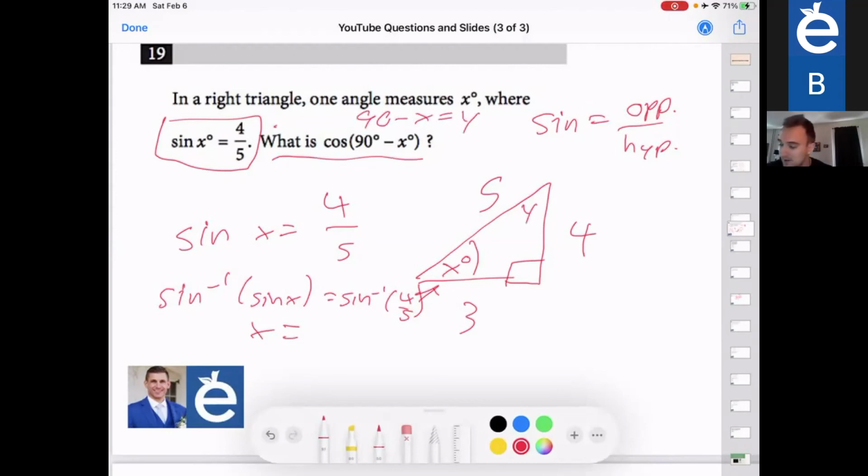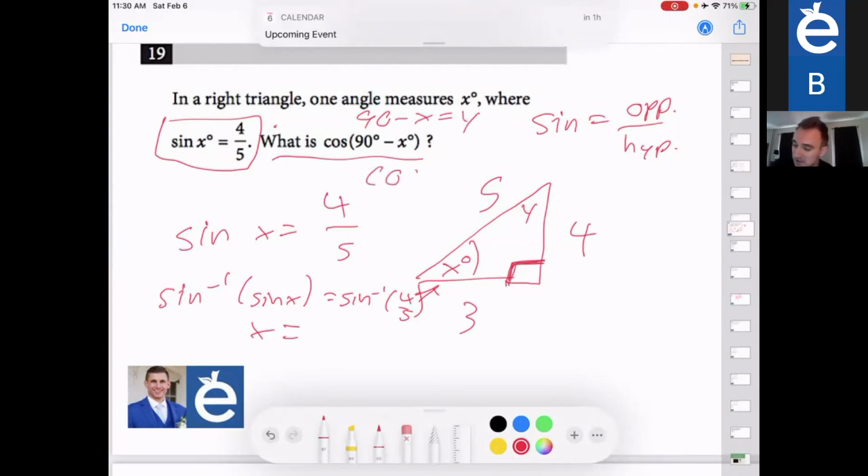We know that the angles of a triangle are 180 degrees. 90 of those degrees are eaten up by this right angle, so these two other angles must add up to 90. So this angle represented by 90 minus angle x must be this angle y. So what they're really asking for is what cosine y is. I don't need to introduce arc sine. What is cosine of y?